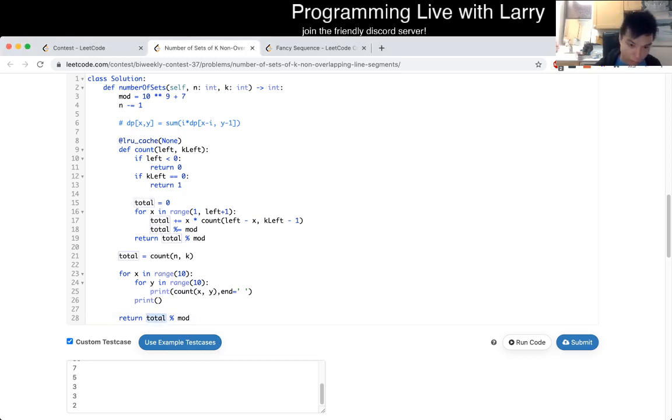Actually, should not that bind. Bind them.